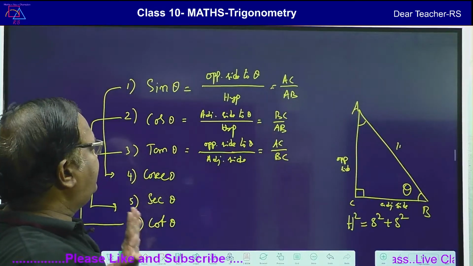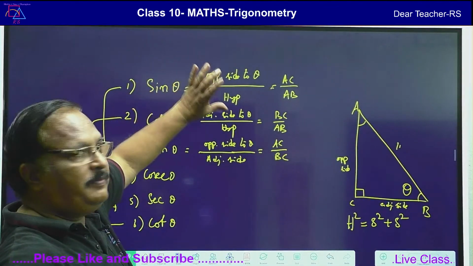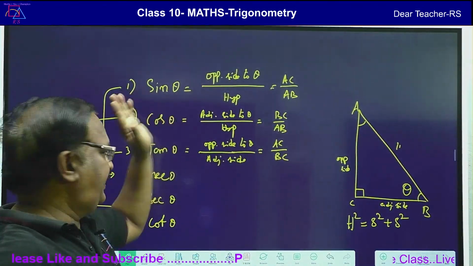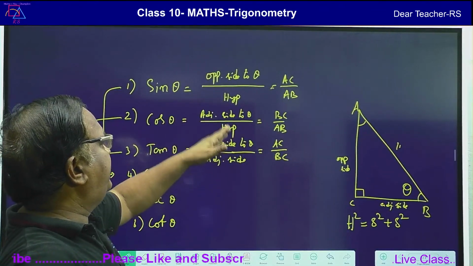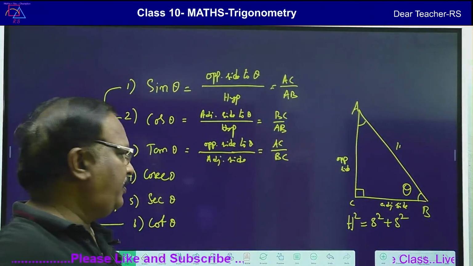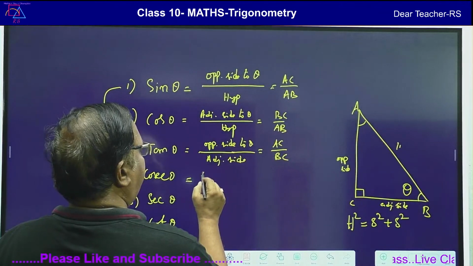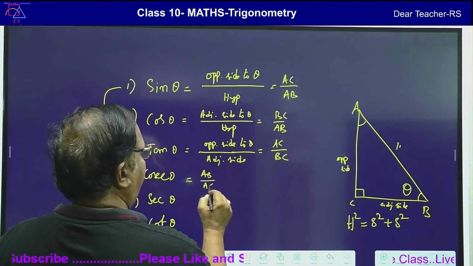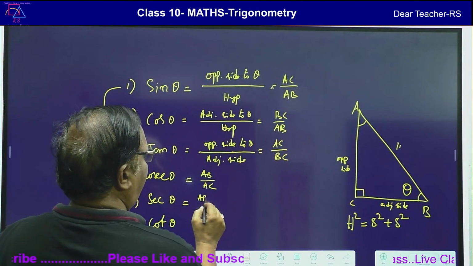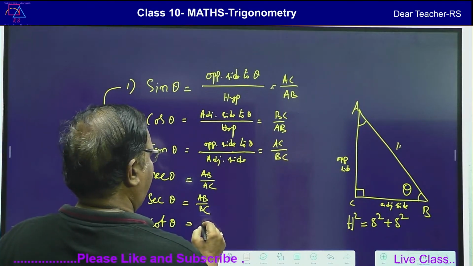Once you get the meaning of reciprocals, the definition automatically becomes upside down. Cosecant is equal to hypotenuse by opposite side, secant is equal to hypotenuse by adjacent side, cot is equal to adjacent by opposite side. So I will write directly the answers. AC by AB we can write as AB by AC for cosecant theta, and secant theta is BC by AB, we will write AB by BC, and cot theta we can write BC by AC.